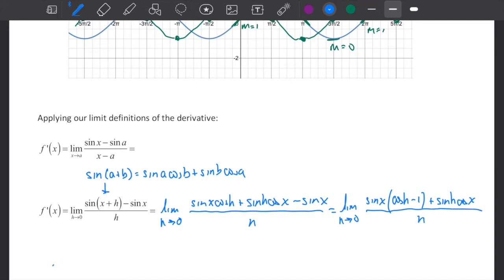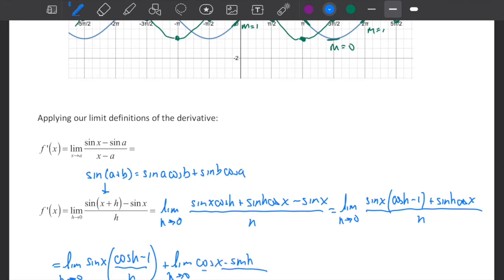Look at these as two separate limits. This gives us the limit as h approaches 0 of sine of x cosine of h minus 1 over h plus the limit as h approaches 0 of cosine of x multiplied by sine of h over h.